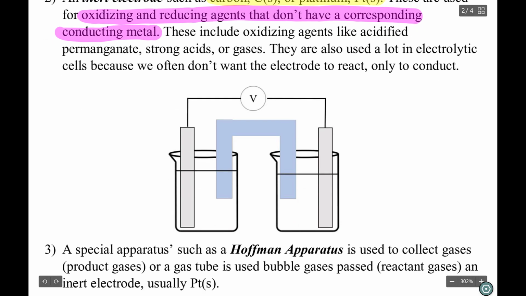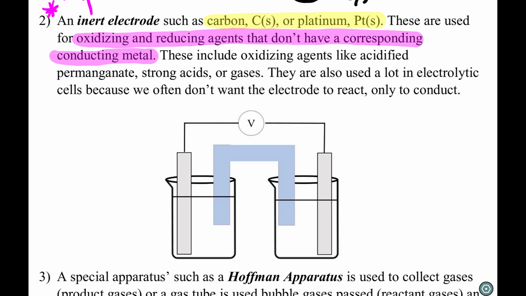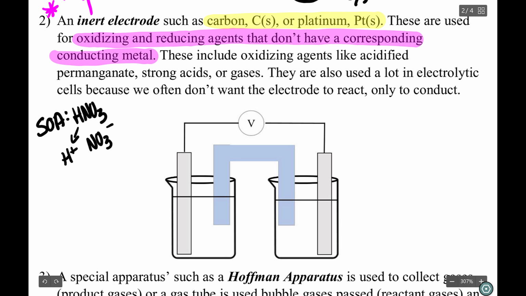So for instance, let's imagine that I have nitric acid as my strongest oxidizing agent. So that would be HNO3, which would break down into H+ and NO3-. And we wanted our strongest reducing agent to be hydrogen peroxide, liquid.